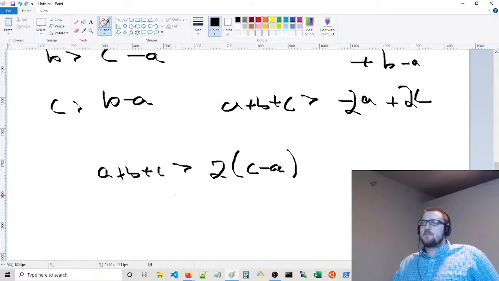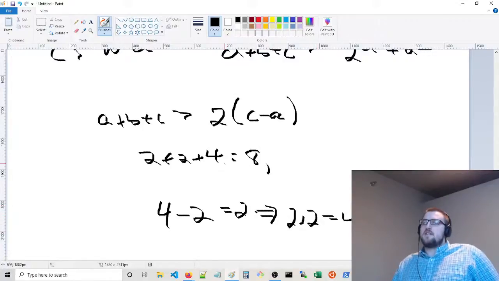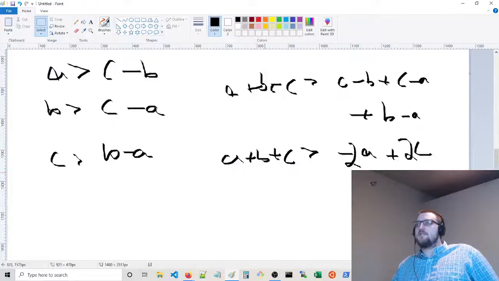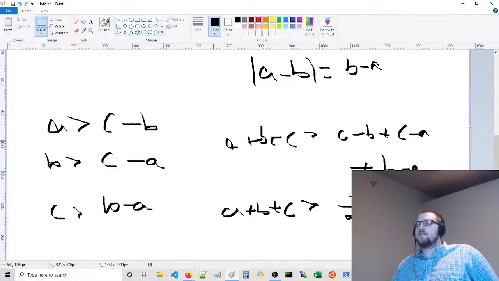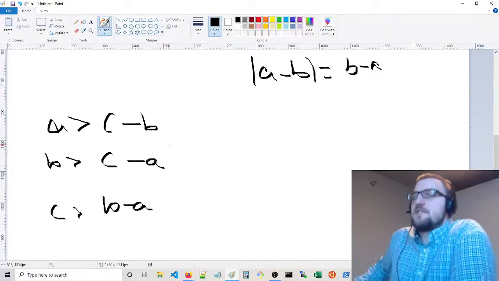Like 2, 2, and 4: the sum is 8, which is always going to be larger than C minus A, which is 2. 2 times 2 is 4. No, man, 2, 2, and 4 did not work out. So that's not strong enough, and that doesn't really help us too much.